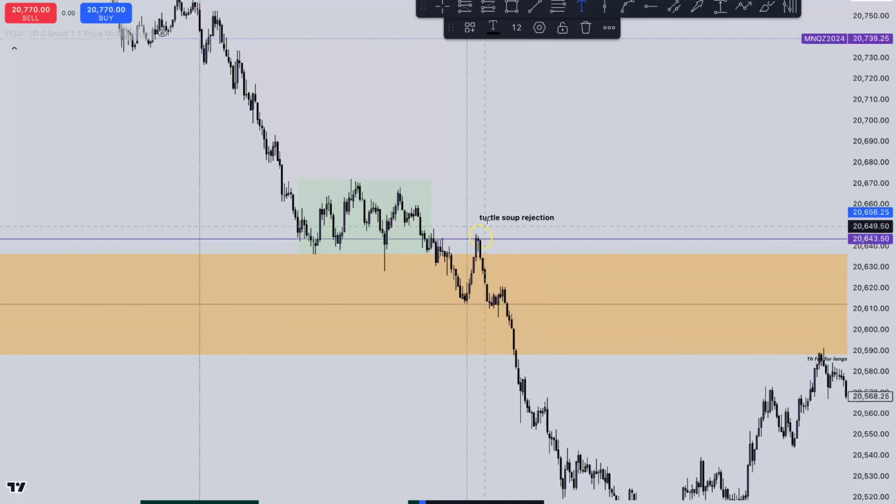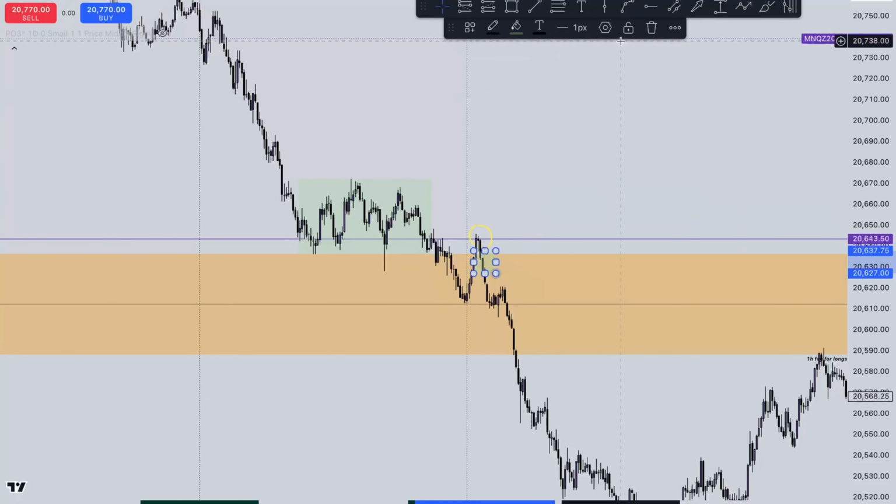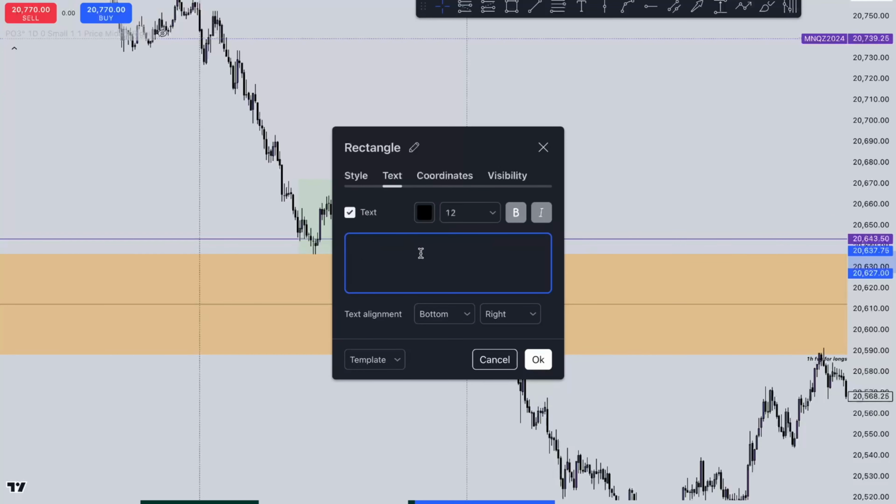Turtle soup rejection. You then also have to visualize the higher time frame. This would be inverse fair value gap slash a breakaway gap.